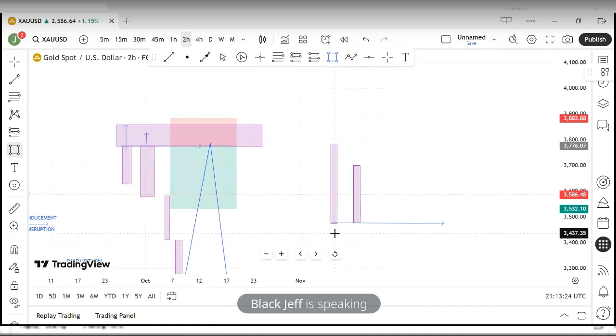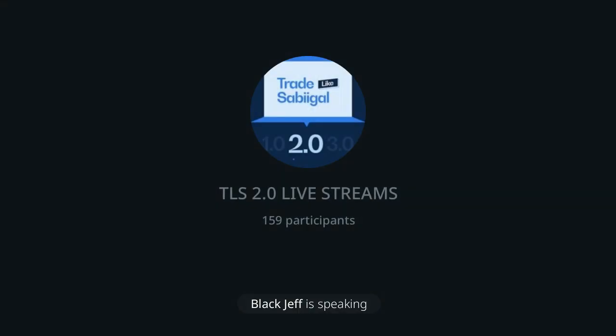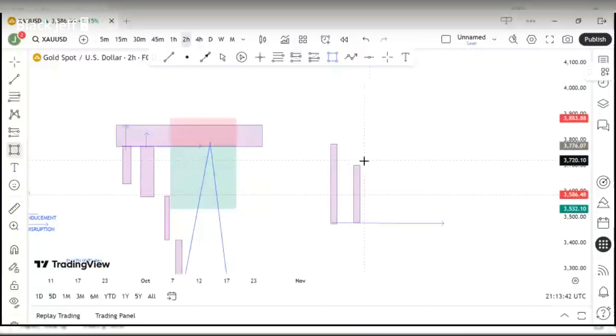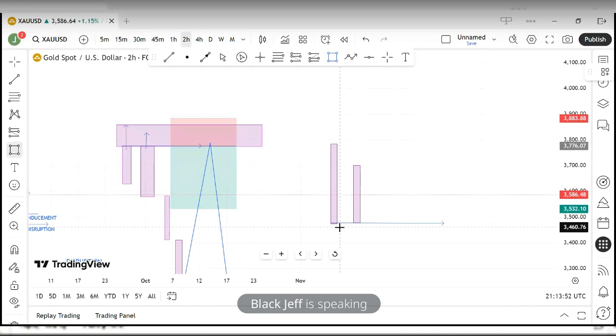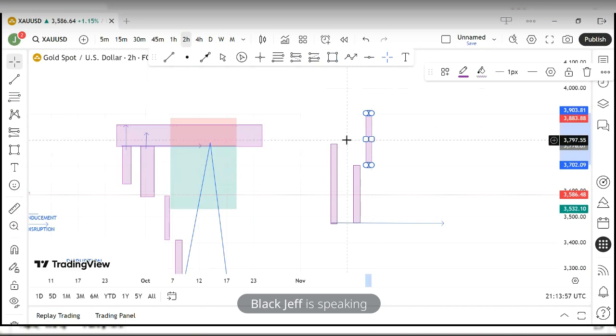Now let's assume we have a support key level here, and it doesn't have a wick, and the market keeps moving up and breaks the structure of the two candles that form the support key level.